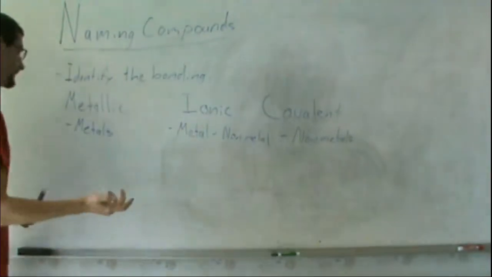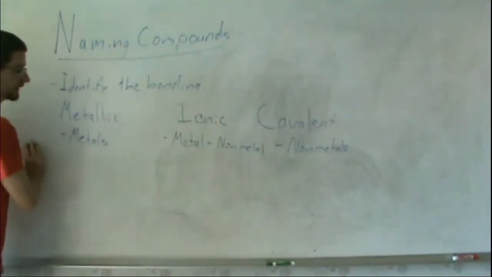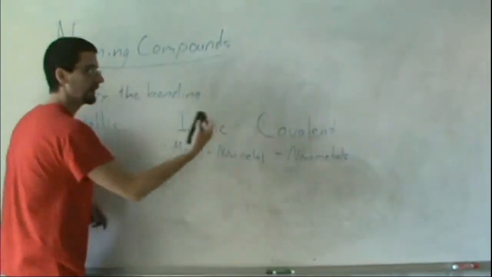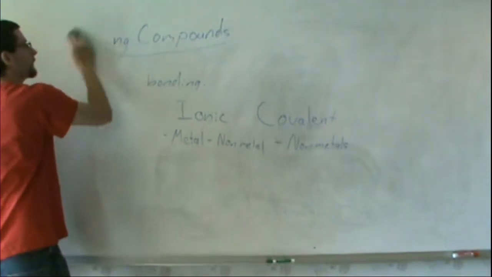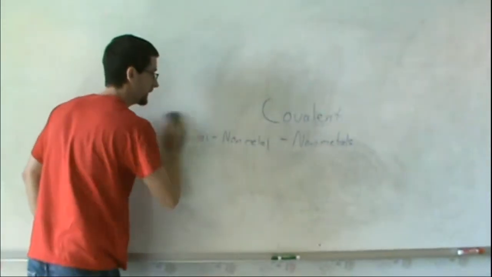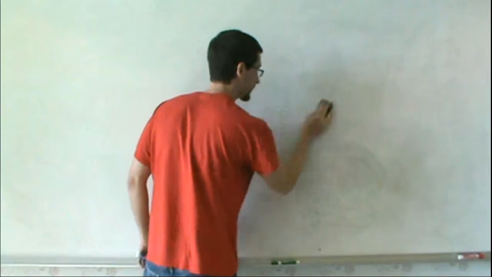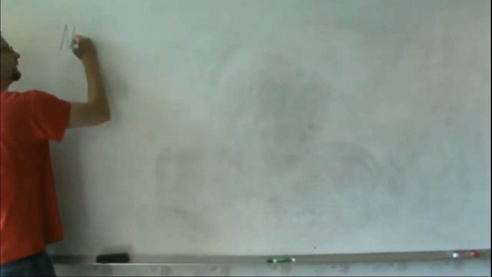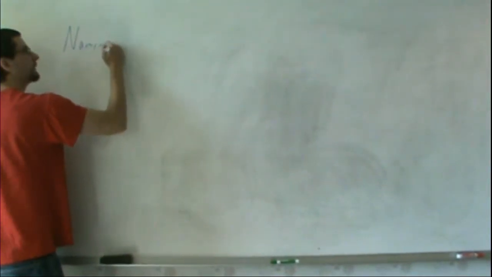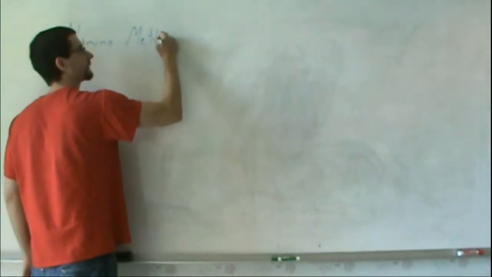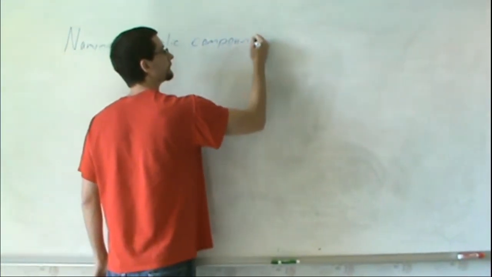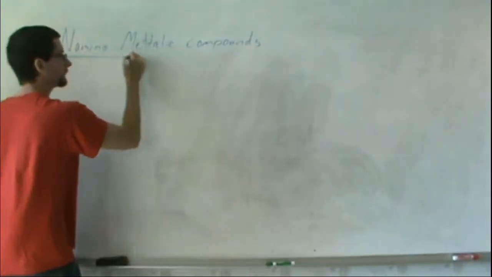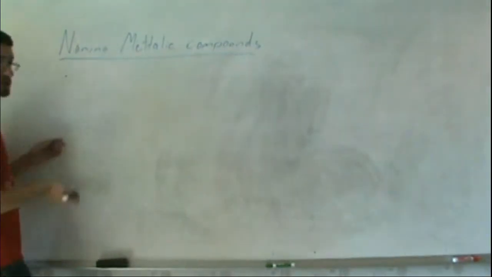So, how do we go about naming these systems? Well, first we'll talk about metallic, then we'll transition to ionic, and then we'll talk about how you name covalent compounds. In metallic bonds, it's just between metals. So, naming metallic compounds, you just go with the metal name.